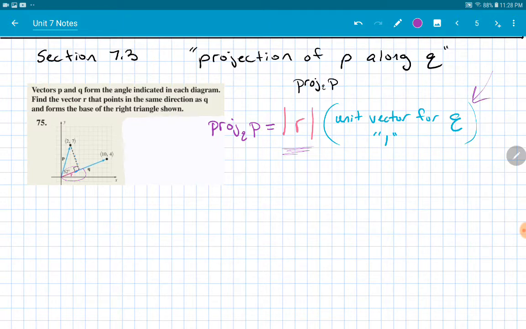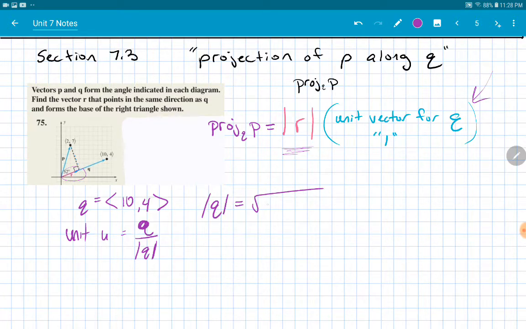To find the unit vector, I'll call it U, we take the vector Q and divide it by the magnitude of Q. So the magnitude of Q is the square root of 10 squared plus 4 squared, which gives me 100 plus 16, which gives me 116.